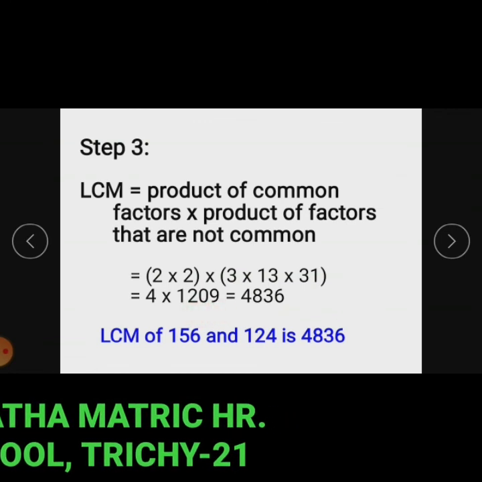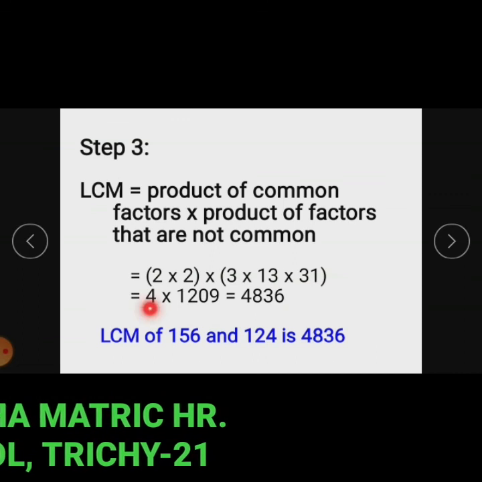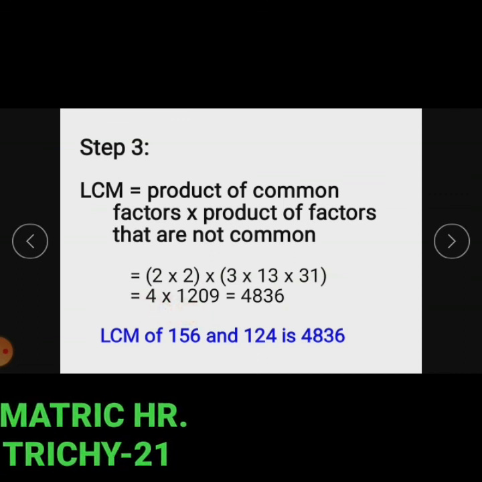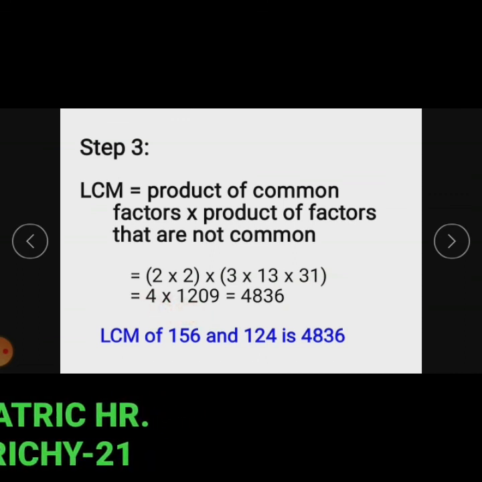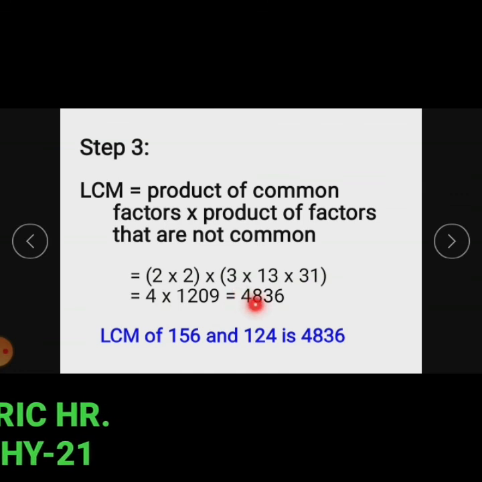Now we multiply 4 and 1209 equals 4836. LCM of 156 and 124 is 4836.